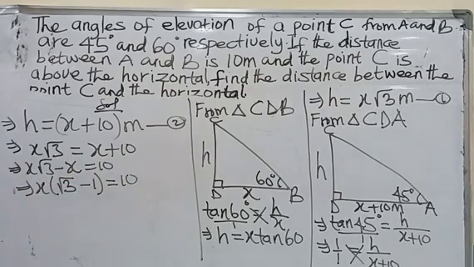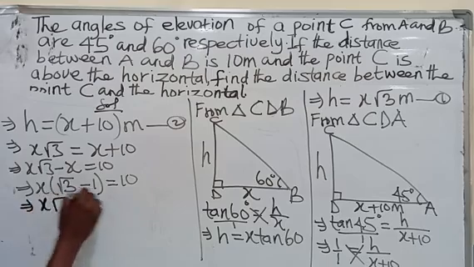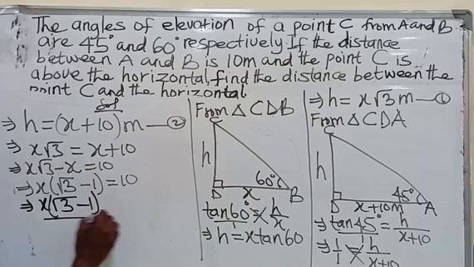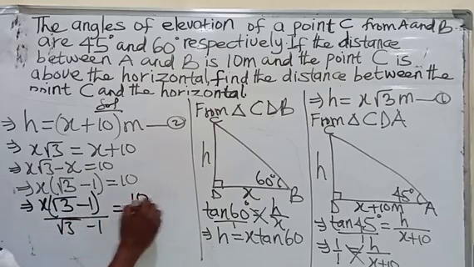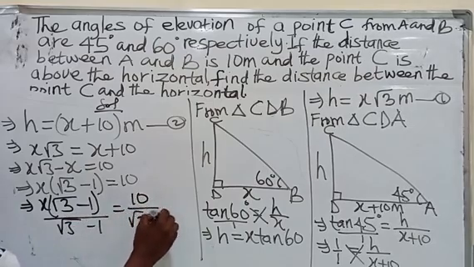Okay, so my marker is getting lighter. So from here, I'm looking for X. So I'll divide through by what? X into root 3 minus 1 all over what? Root 3 minus 1. This is equal to 10 over root 3 minus 1.